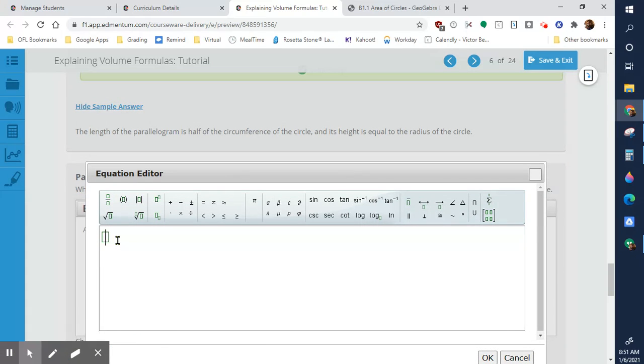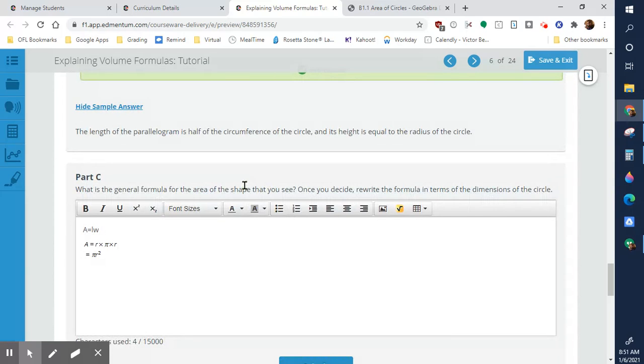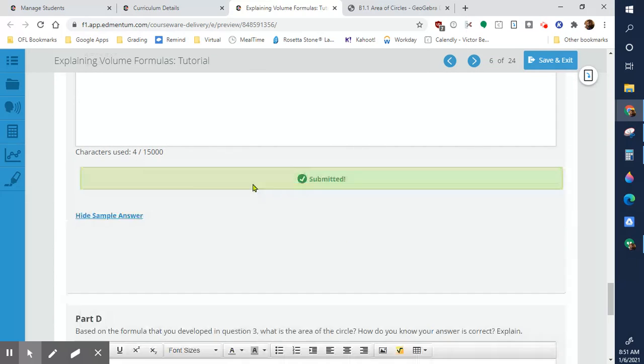So we're just going to enter it as A equals R times pi R, which, if we simplify it even more, would be the same thing as saying pi R times R, which is R squared. So the area of a circle is pi R squared. Nice and simple.